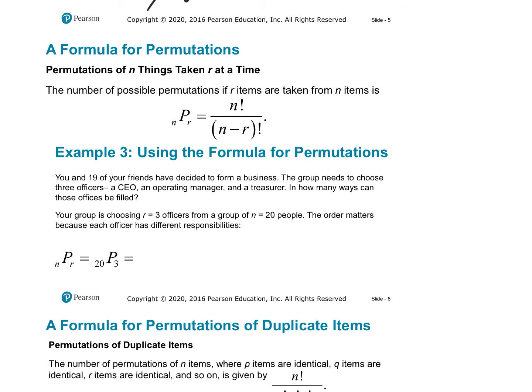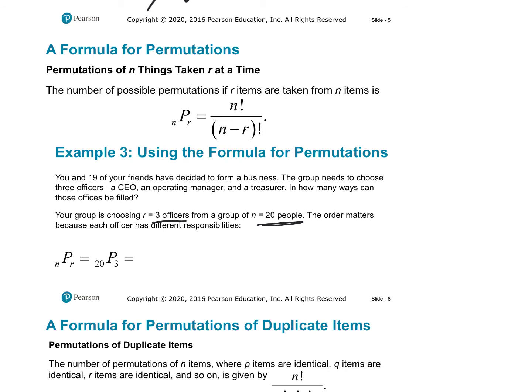So it says you and 19 of your friends have decided to form a business. The group needs to choose 3 officers: a CEO, an operating manager, and a treasurer. In how many ways can those offices be filled? So your group is choosing 3 officers from 20 people. And the order matters because each officer has different responsibilities.